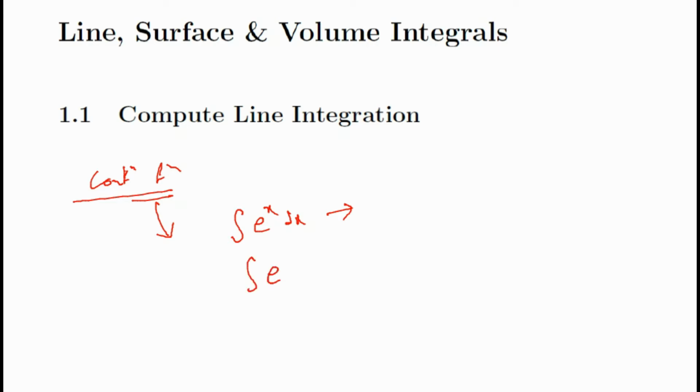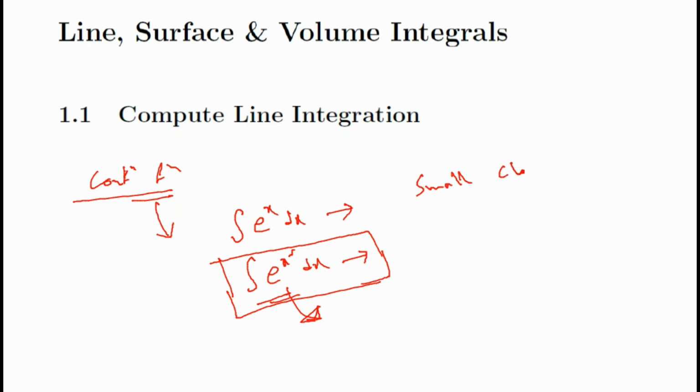But e to the power x square dx is also a continuous function, yet the indefinite integral is not possible here, so we need to think about such difficulties. The function is integrable, but we are not able to do the integration. So we are considering a small class of functions here.